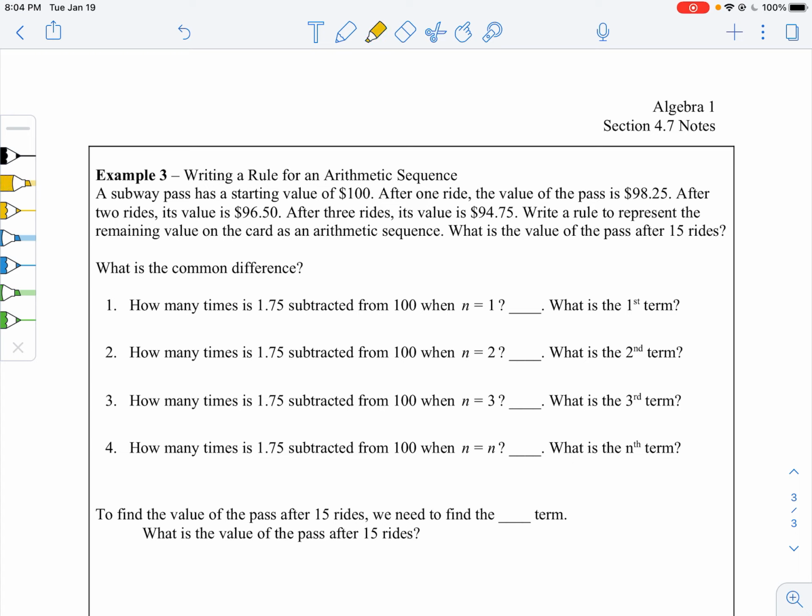I'm just gonna highlight as we go here. After 2 rides, its value is $96.50. After 3 rides, its value is $94.75. Write a rule to represent the remaining value on the card as an arithmetic sequence. What is the value of the pass after 15 rides?